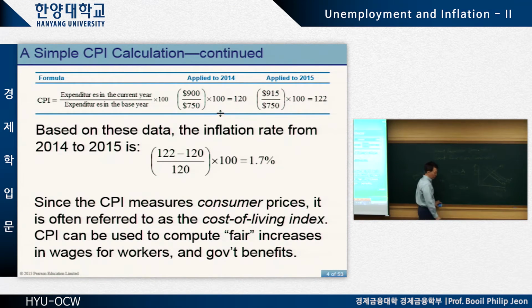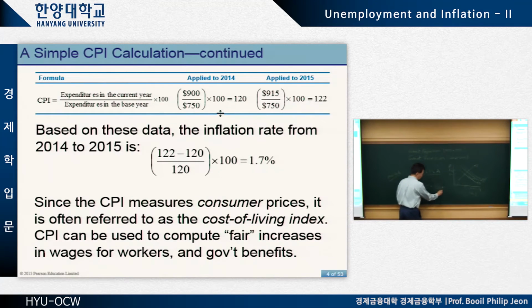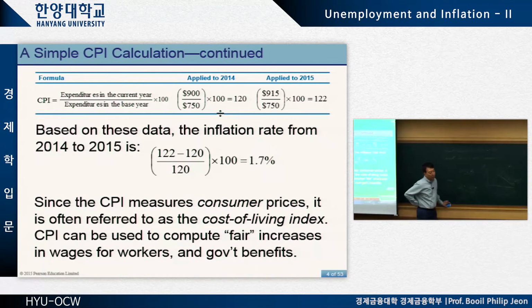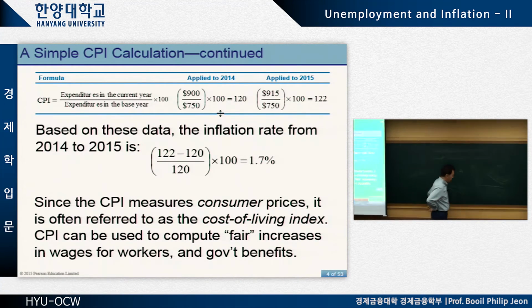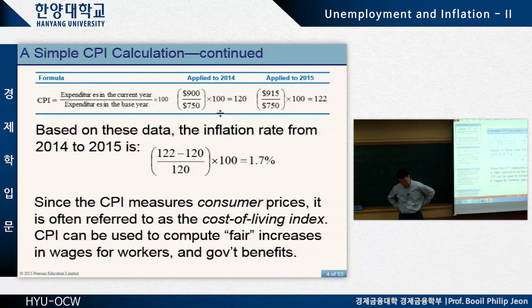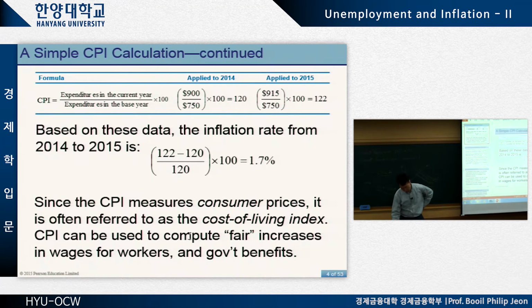Then they're going to add 4% here. So your total wage increase will be 7%. That's the idea of coming up with a fair increase in wages for workers, and also for government benefits like Social Security payments.